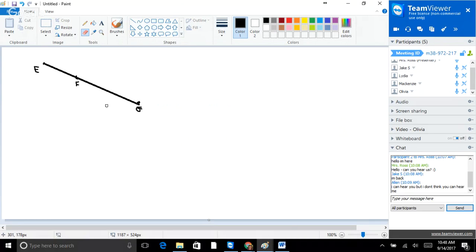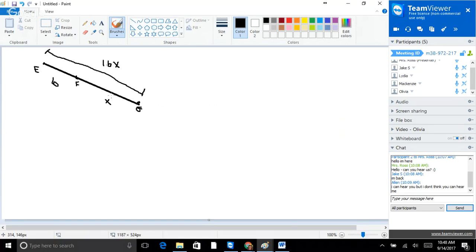And we're going to pull out a little bit of algebra. They tell us that the length from E to F is 6, and the length from F to G is x. And then they tell us that the total length is 1.6x. We're going to do this the same way.